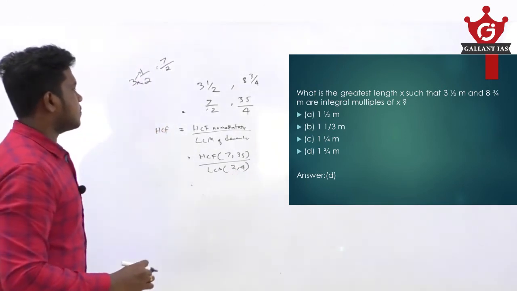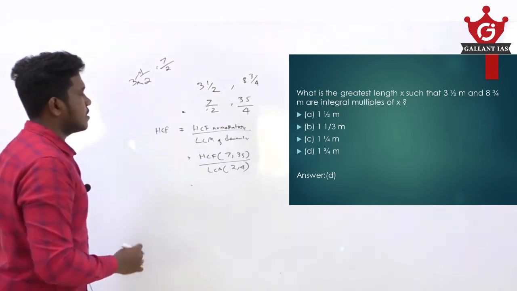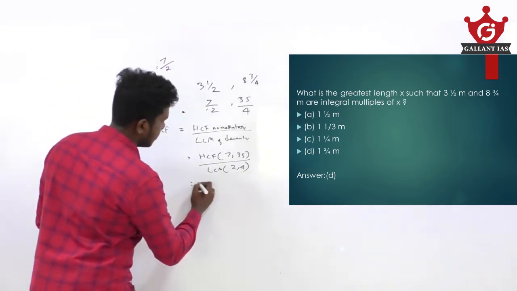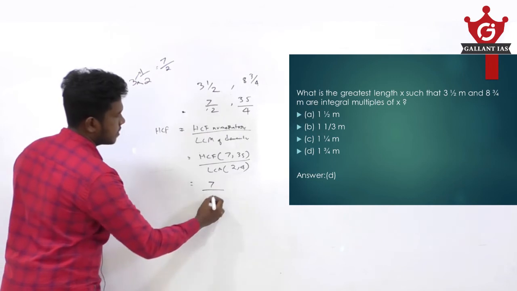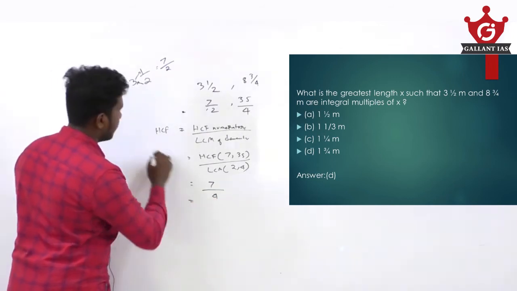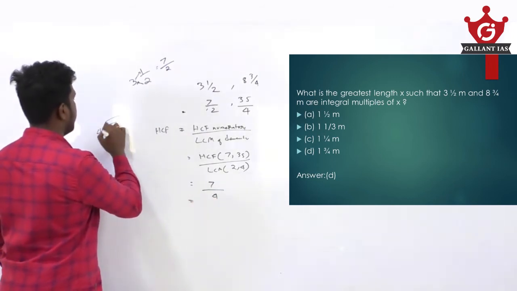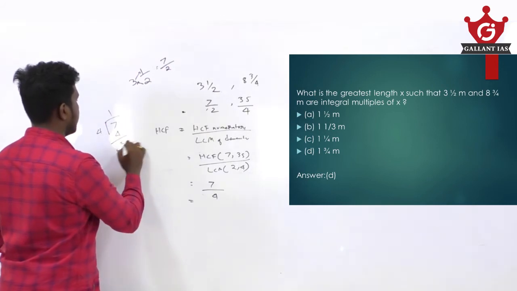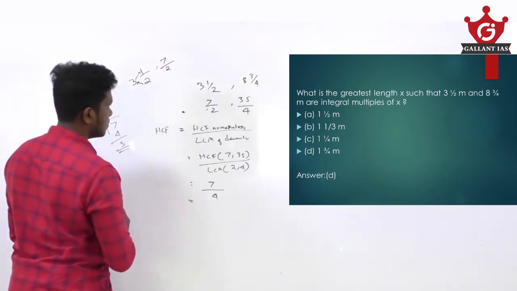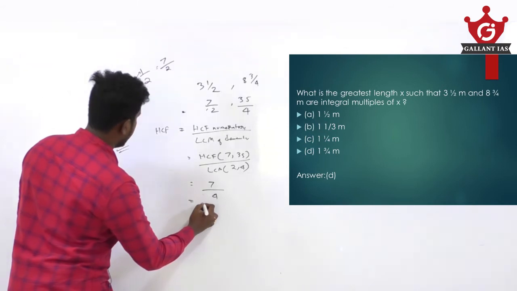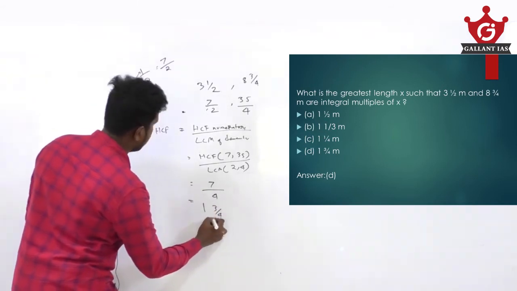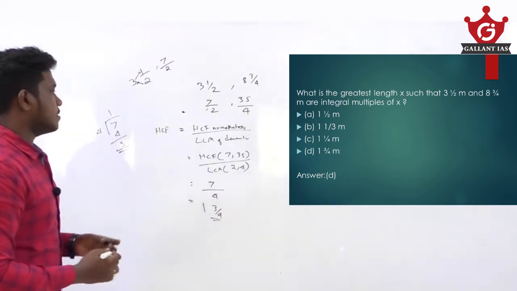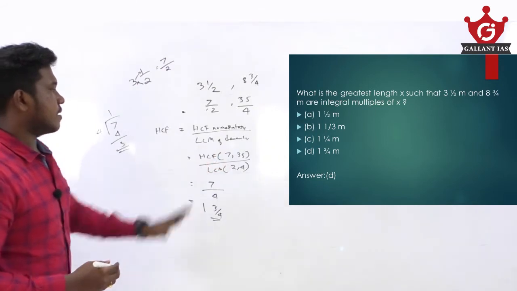So HCF of 7 and 35 will be what? It will be 7, right? And LCM of 2 and 4 is nothing but 4. That is 7 by 4. So our answer is 1 and 3 by 4. Answer D, 1 and 3 by 4.